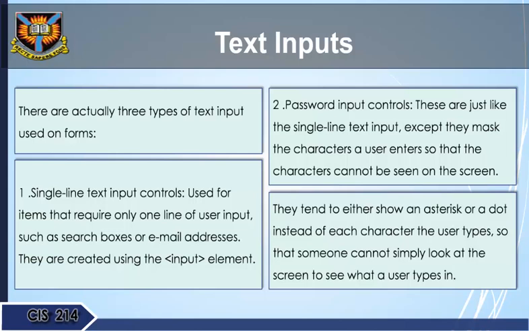These are just like the single line text input, except they mask the characters a user enters so that the characters cannot be seen on the screen. They tend to either show an asterisk or a dot instead of each character the user types, so that someone cannot simply look at the screen to see what a user types in.